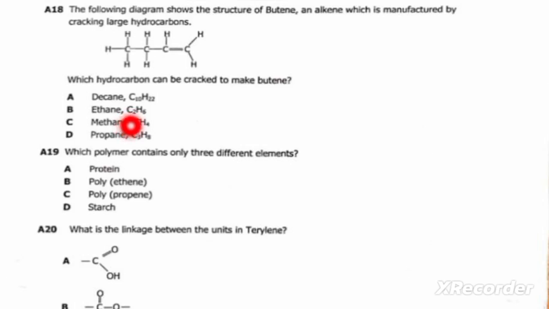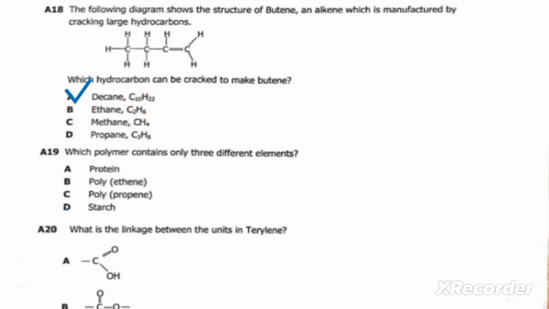Reason being, ethane has 2 carbon atoms. So the only suitable hydrocarbon where we can crack butene from is decane. We can see that it has 10 atoms of carbon. So our correct answer is A.